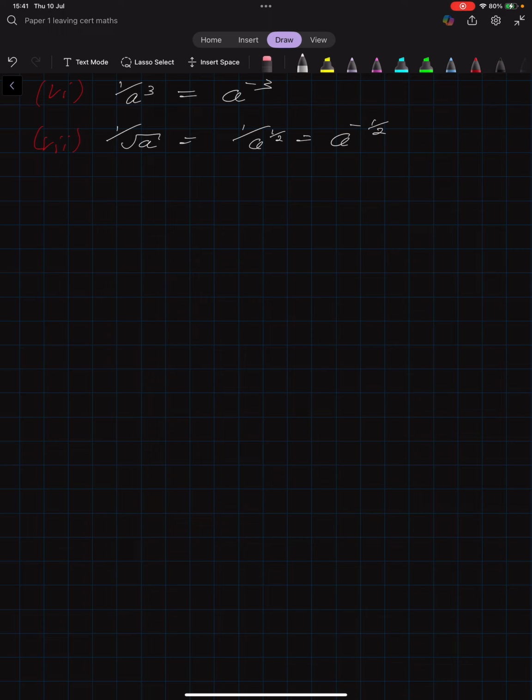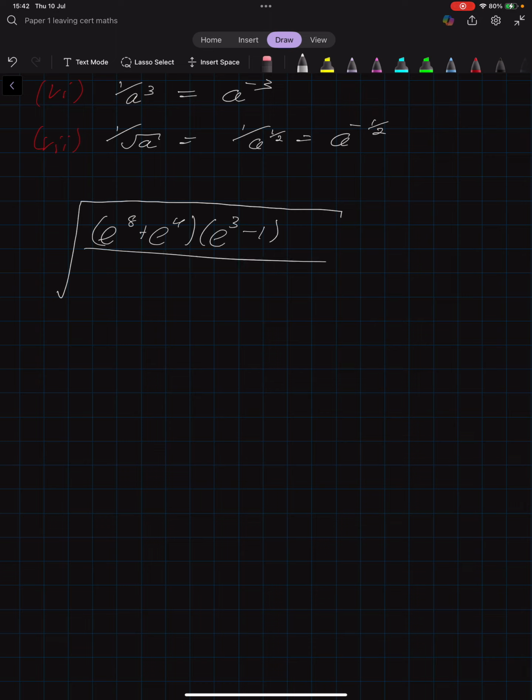So what we have is, it says find k if the square root of e to the 8 plus e to the 4, e cubed minus 1, all over e to the power of 8 minus 1, e squared plus e plus 1, equals e to the power of k all over the square root of e to the k plus 1.